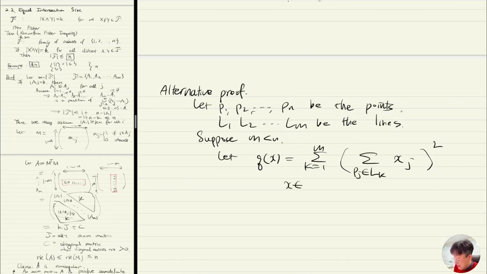So x is in R^n. Now, this is a sum of the squares of linear polynomials.